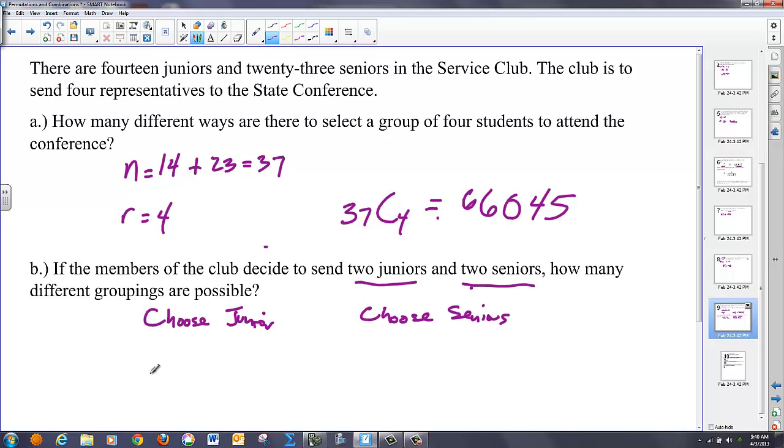To choose the juniors, we have a total of 14 of those kids, and from those we're choosing 2. Now combine that with choosing seniors. We've got 23 kids we're looking at, and we're picking 2 of them. This is kind of like a subgroup problem. Now it's a counting principle, so we have this many ways of choosing juniors, this many ways of choosing seniors. We're going to multiply that together to get our final answer.